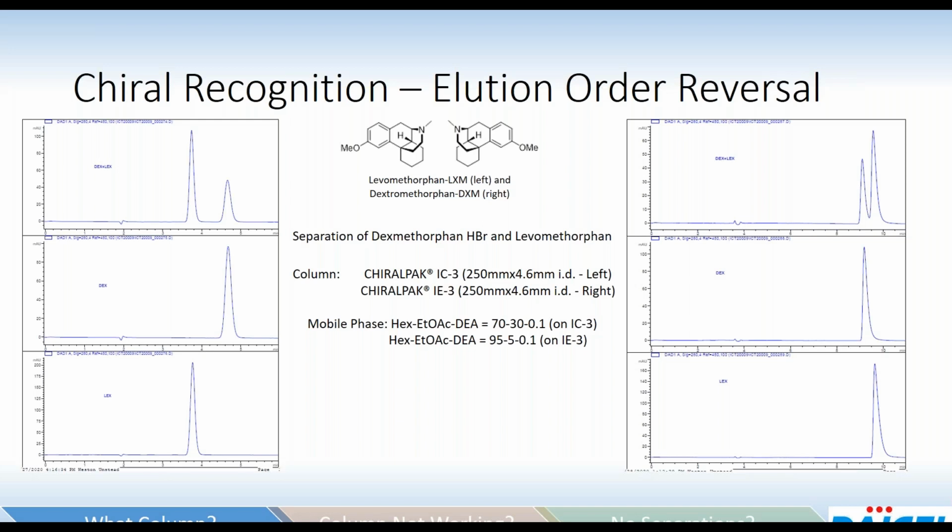In the case of IC, dextromethorphan comes out second, and in the case of IE, dextromethorphan comes out first. So very interesting phenomenon that, as I said, again, can be explained by the shape and the size of the chiral grooves and so forth.